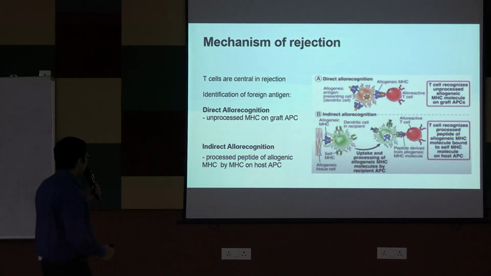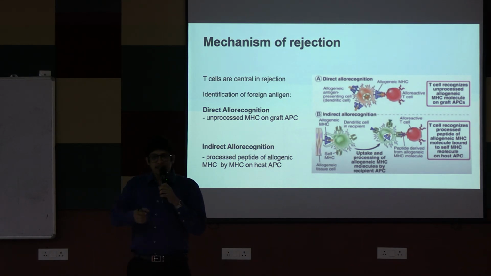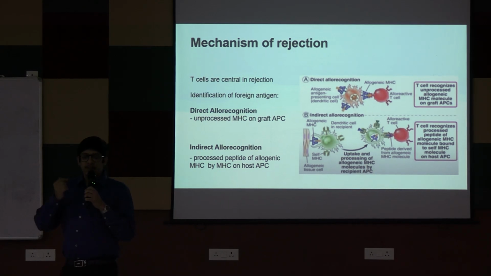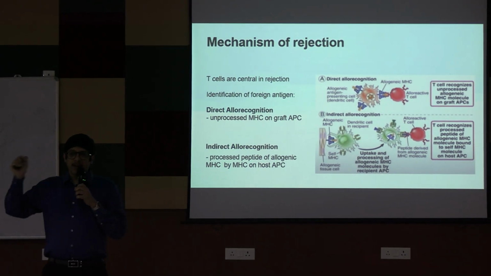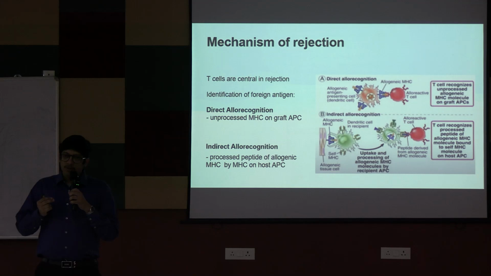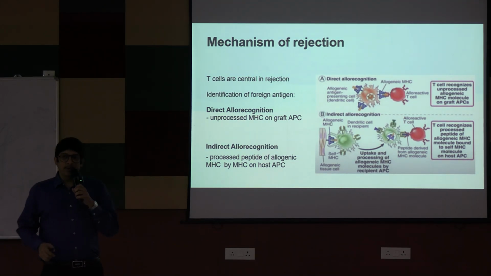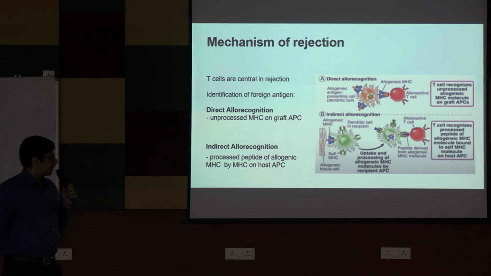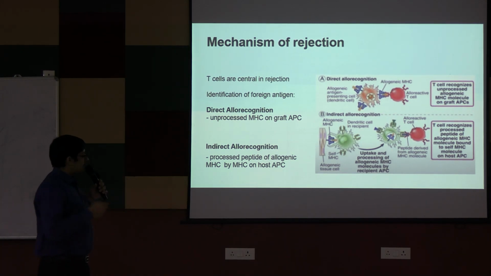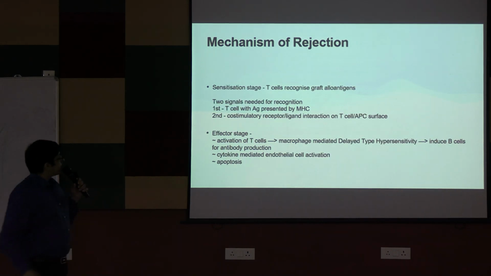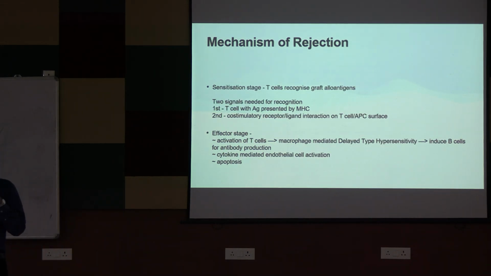Whereas indirect allo-recognition is done by first initial processing of the foreign tissue, identifying the individual foreign peptide which is antigenic, and presenting that antigen by the antigen presenting cell to the recipient immune system, the recipient T cell. So this is the process in which antigens are identified and processed in the transplanted tissue, and then the processing starts.